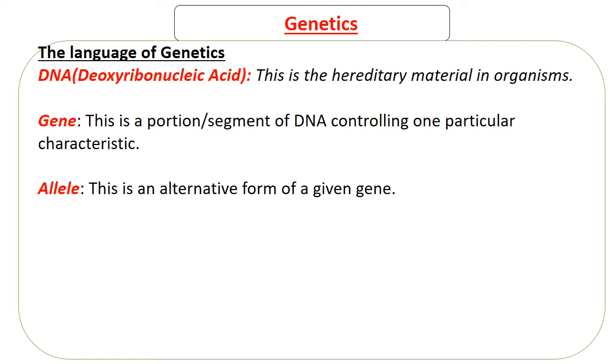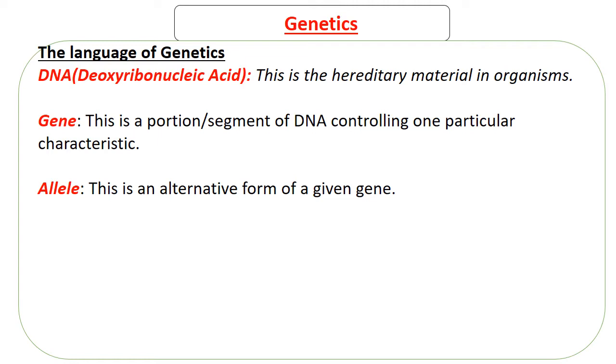So there's a gene for height. If there's a gene for height, there might be different heights. So there is a gene for tallness, and there is also an alternative form of that gene. In short, an opposite form of that gene. So if there is a gene for height, then there is another gene for shortness.